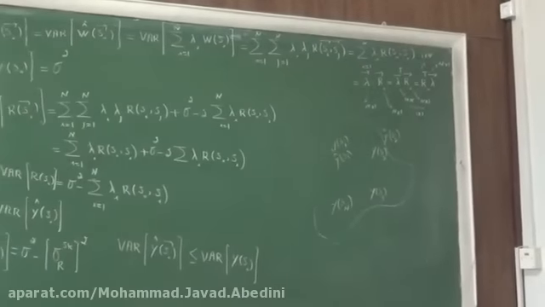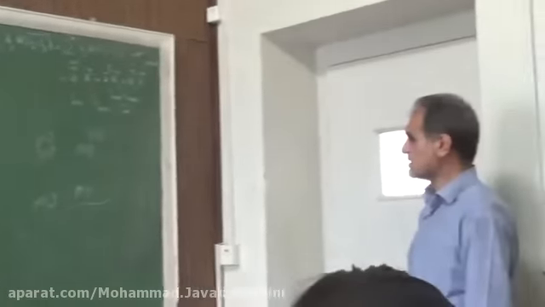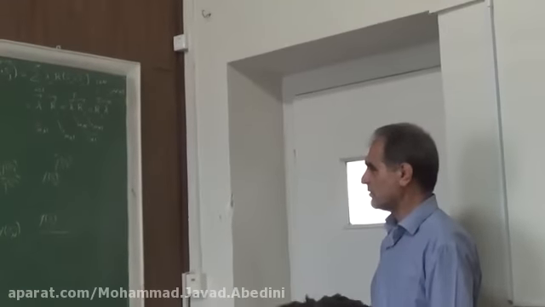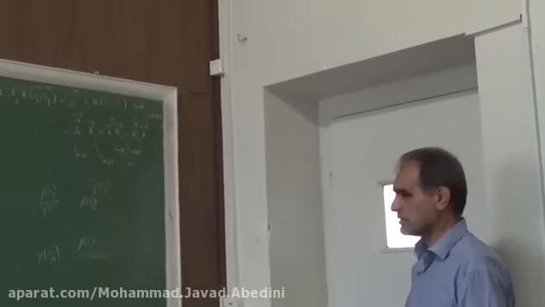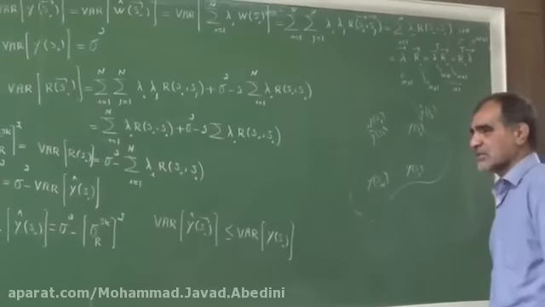On Monday, I'm going to give you a numerical example where we are going to touch on some other properties of Kriging. Filtering property is one basic property of Kriging.